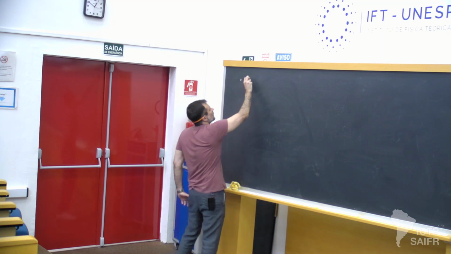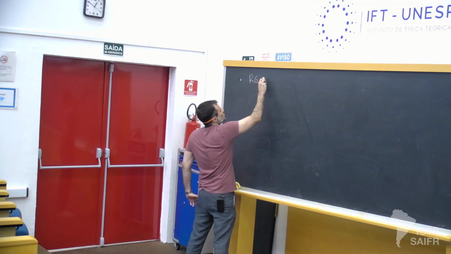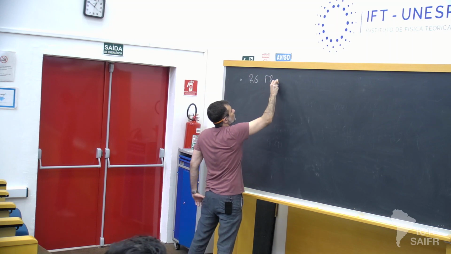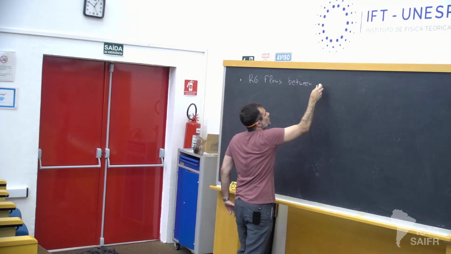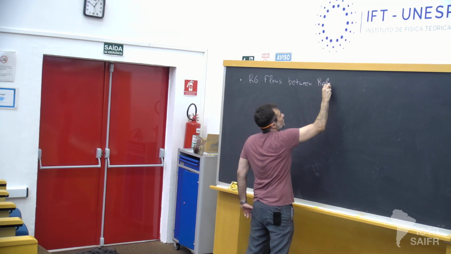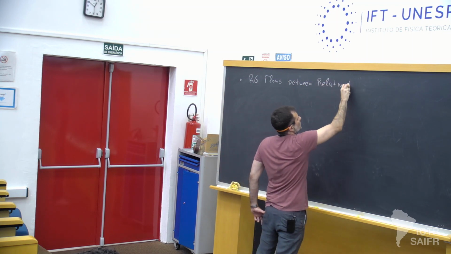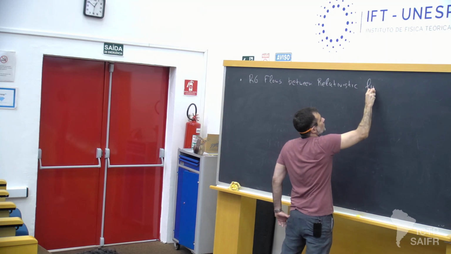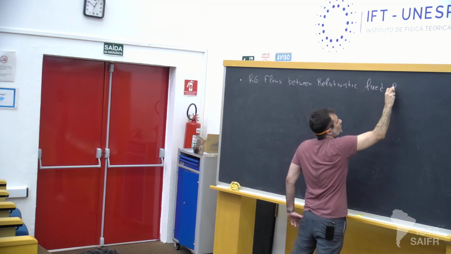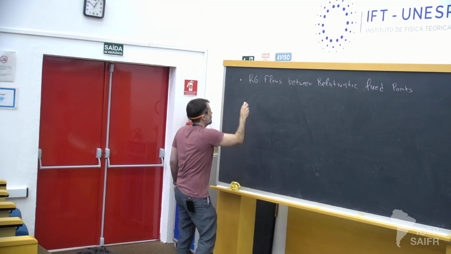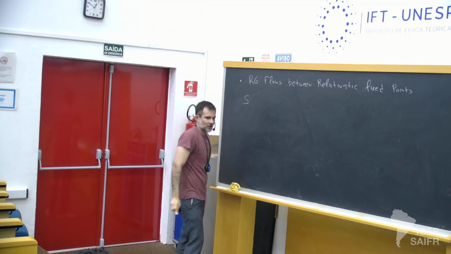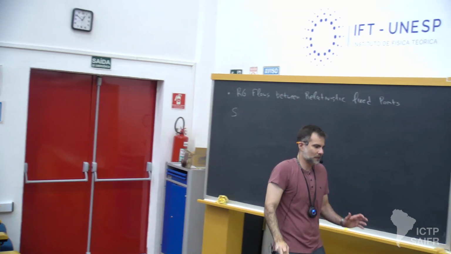So let's talk about RG flows between relativistic fixed points. Okay, so the minimal thing that you need in order to discuss these flows is the following.